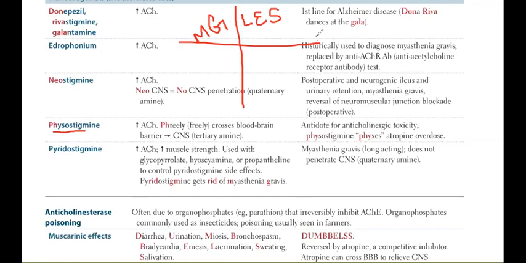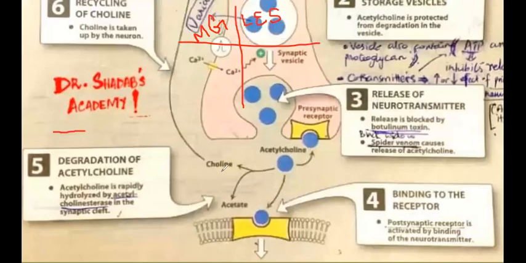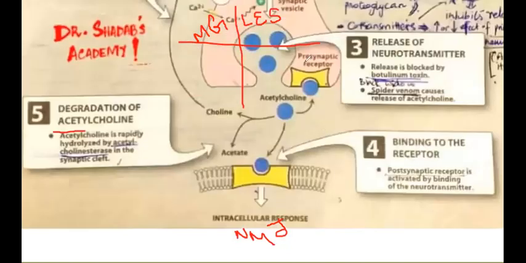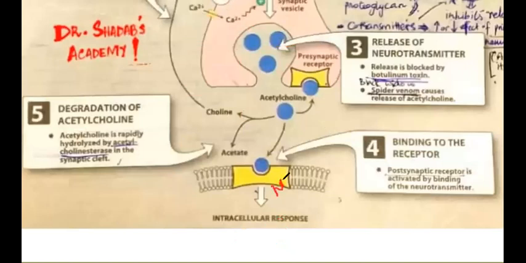Okay, let me show you in the picture. Just for example, this is the NMJ, and this is a neuromuscular junction receptor.